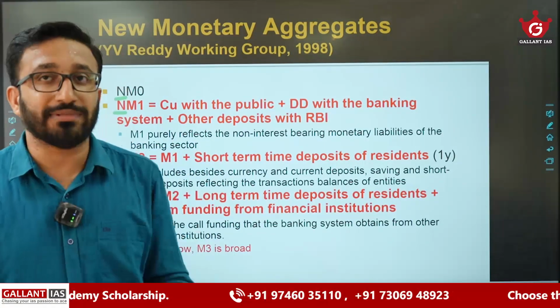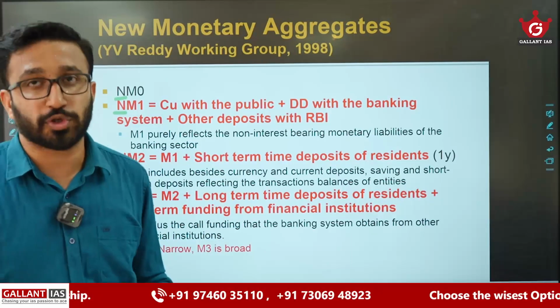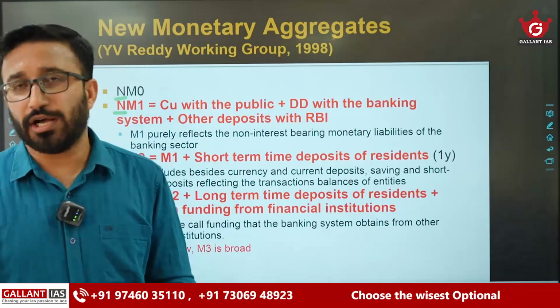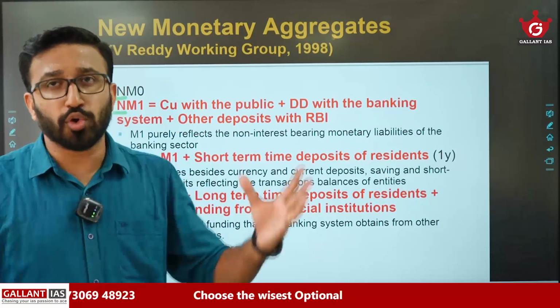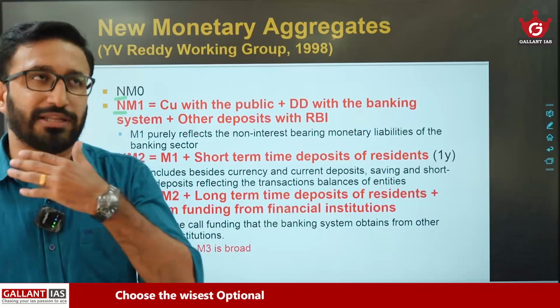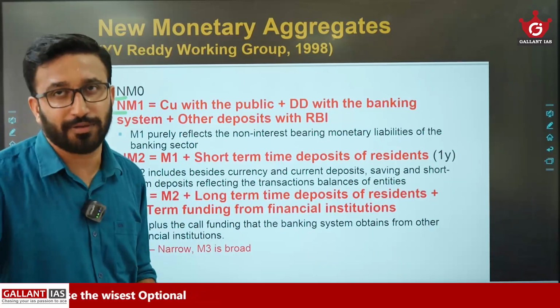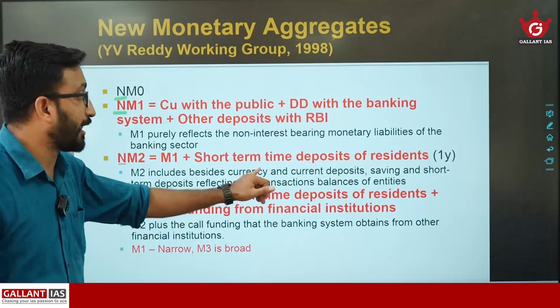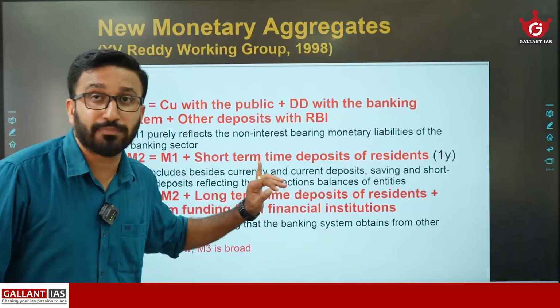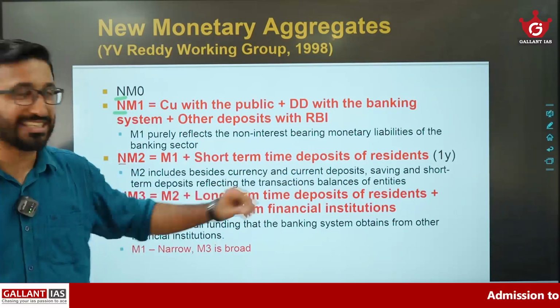In the new system, they have eliminated the entire post office component because those cannot be considered, or they do not make a huge impact on the money supply. That's why they have removed it, and they have added short-term time deposits of residents.